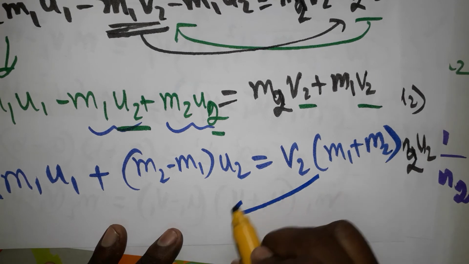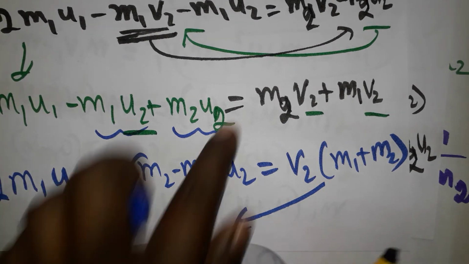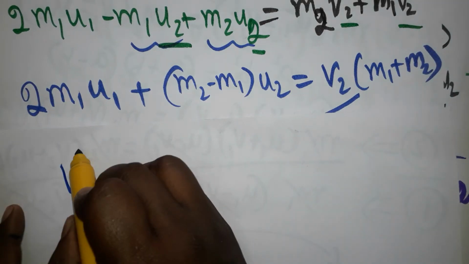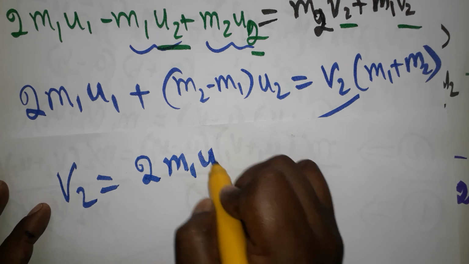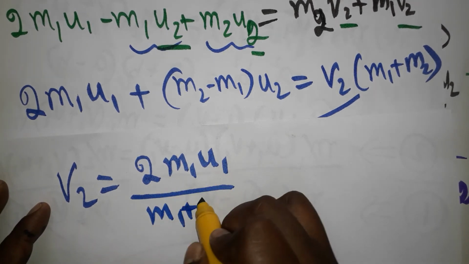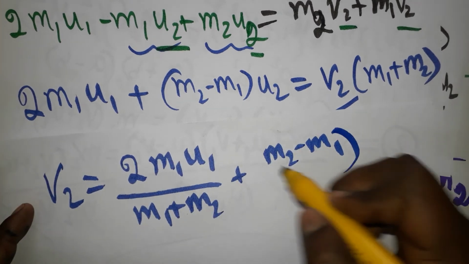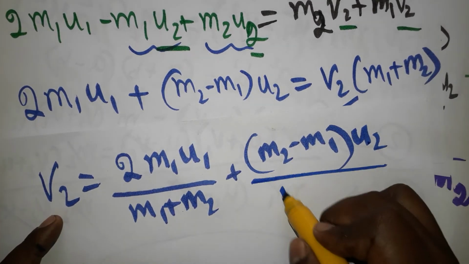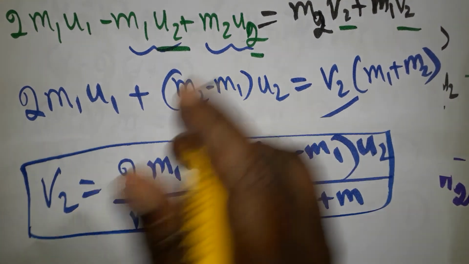I am bringing this as the denominator. So v2 is equal to 2 m1 u1 divided by m1 plus m2, plus (m2 minus m1) u2 divided by m1 plus m2. We now have the v2 equation also.